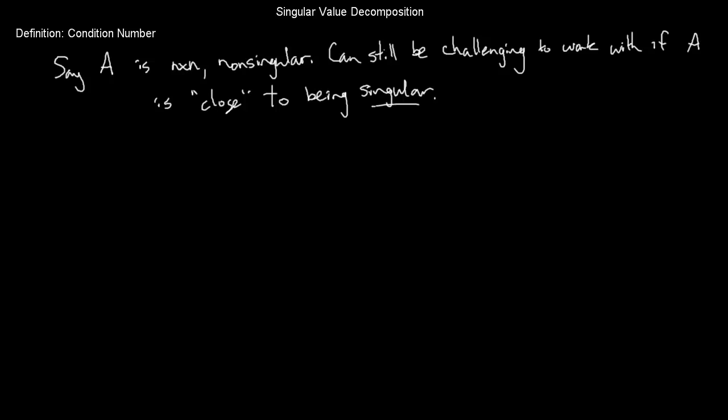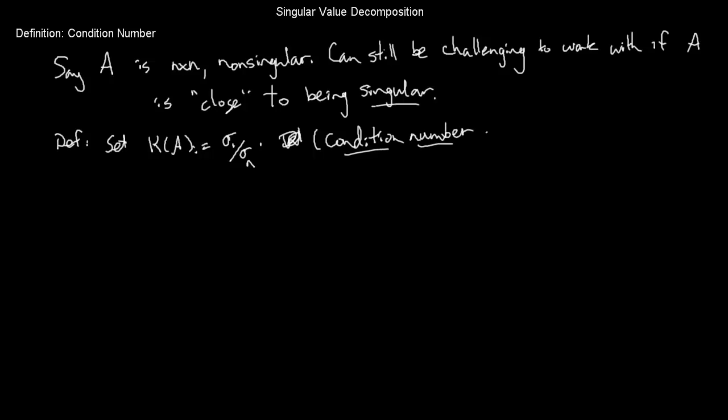So small errors in calculation below the level of machine precision can lead to real difficulty in actually computing things with your non-singular matrix. So if you define kappa of A to be the largest singular value divided by the smallest singular value, that is going to be called the condition number of the matrix. And if that number is too big, then we'll say the matrix is ill-conditioned. If the number is small enough, then we're going to call the matrix well-conditioned.